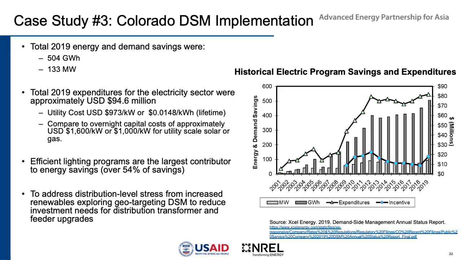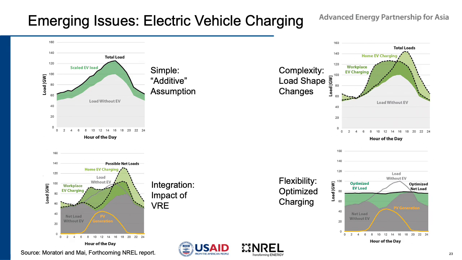Now, that varies in the second figure on the top right side, where you have both workplace charging of electric vehicles, which occurs during the daytime, obviously, and then home charging of electric vehicles more focused on the evening. And you can see that that has a significant impact on the load shape over the course of the day. Now, some of these begin to get increasingly complicated.